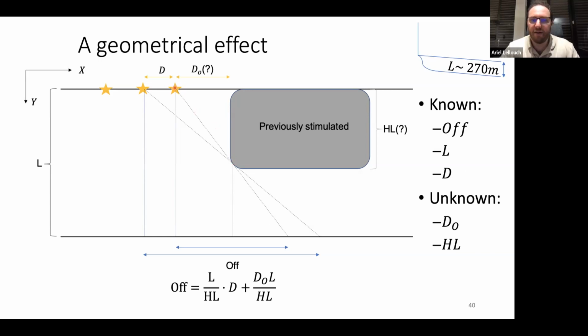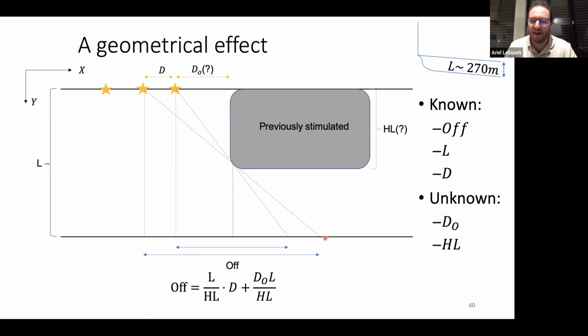So for that shot, this ray here is the first that's going to encounter the previously stimulated area, right? So from that point and to the right, we will see some disturbance. Now, if you go to this shot, this is the critical ray. So you can see that as the shots move away, the horizontal distance between the shot location and the fiber channel at which we detect that change increases.